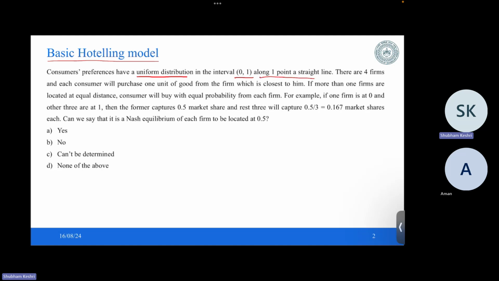So in last week's lecture, we had this problem, and it asked: can we say that the Nash equilibrium is each firm located at 0.5 or not? We had 4 firms over here. And in last class, I had asked an additional question. The question was, what is the Nash equilibrium of this game?